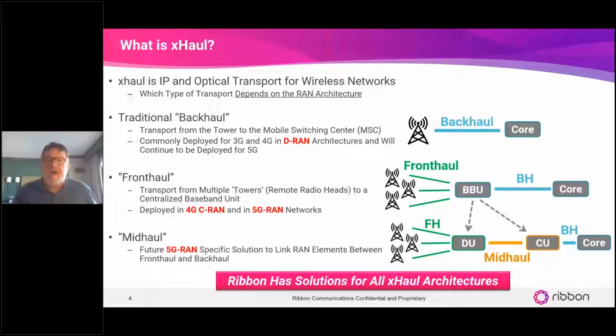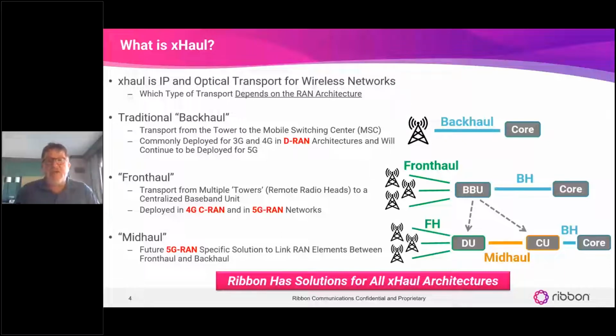Well, as we move towards 4G and then 5G, it becomes more important and more cost effective to start to spread out the equipment, right?